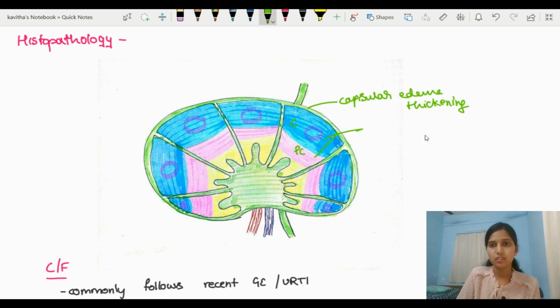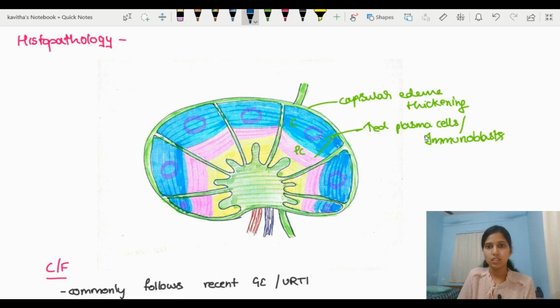At both regions, there will be increased plasma cells and immunoblasts. And this is the germinal center. There will be hyperplasia of the germinal center. And also there will be lymphocytic aggregation at all these dilated sinusoids.